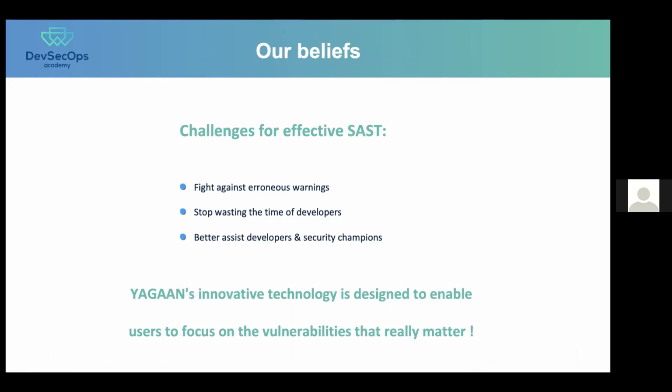So what are our beliefs at YAGAAN? The challenge we wanted to tackle is to fight against erroneous warnings, because one of the main drawbacks of SAST is generating a lot of information and overwhelming the user with warnings. This information is not processed enough, so that's something we wanted to fight against when we set up the company.